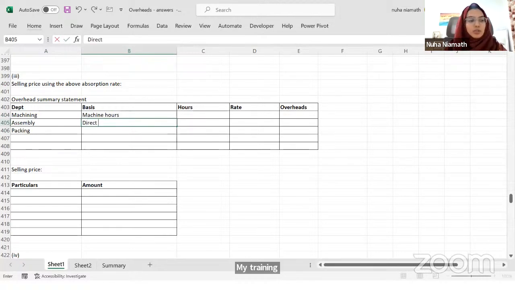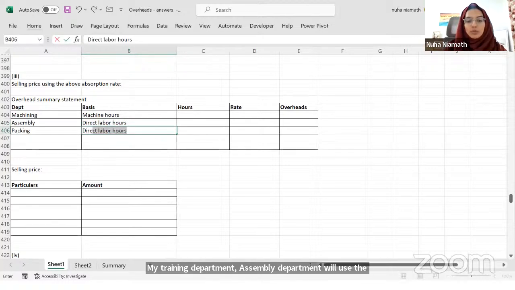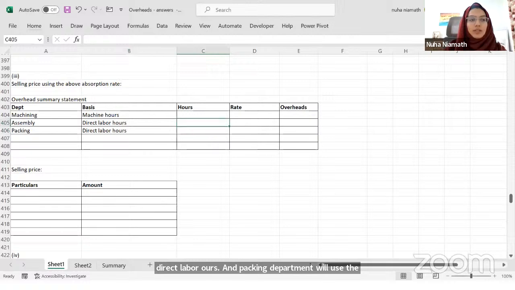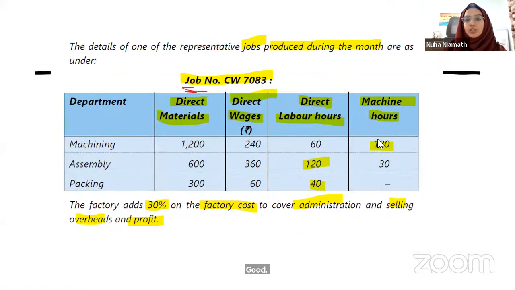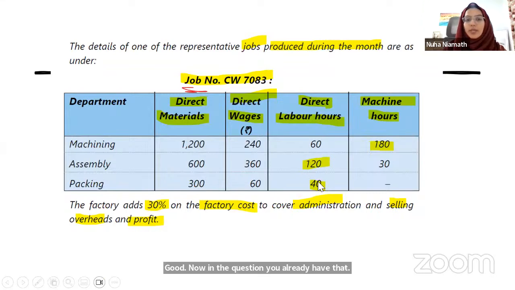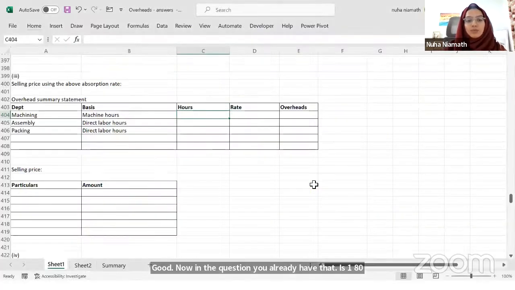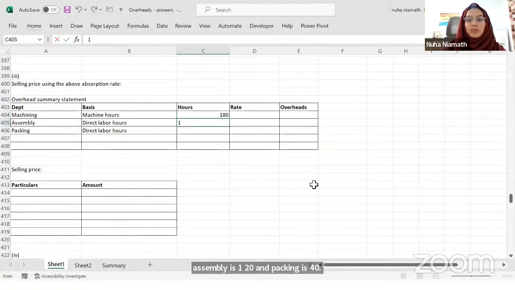Assembly department will use the direct labor hours. And packing department will use the direct labor hours. Correct? Now, in the question, we already have that machine hours is 180, assembly is 120, and packing is 40. So we will put that down, 180, 120, and 40. Is everybody following?